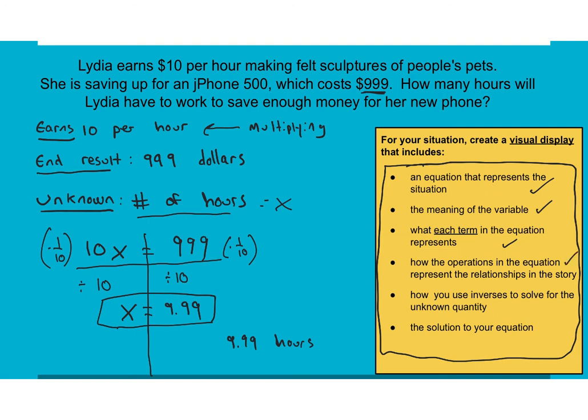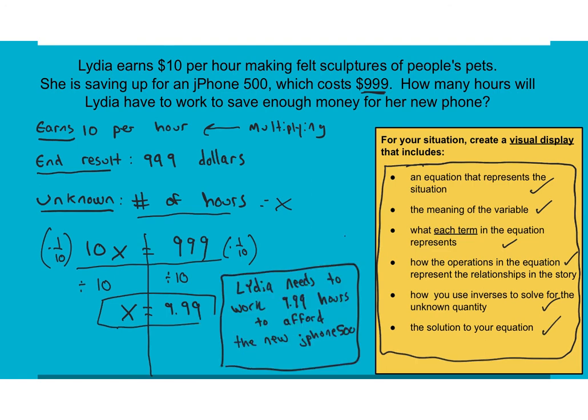I verbally talked about my inverses. You might want to write a sentence and the solution to my equation. You could be a little more verbose there. I could write something a little more detailed, like Lydia needs to work 9.99 hours to afford the new JPhone 500. All right, so go ahead and grab those journal problems and get to work, and good luck and congratulations on finishing all of your must-dos.